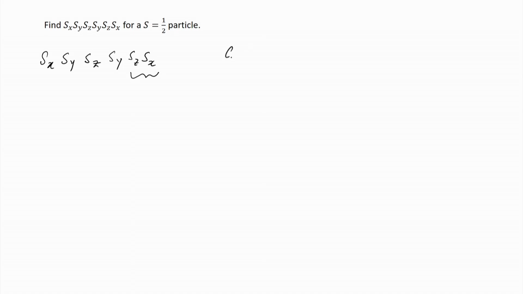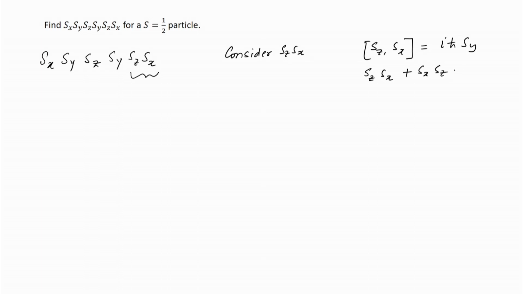Consider Sz, Sx. Now, remember there are two relations. The commutation relation for Sz, Sx is nothing but i h cross Sy, and the anti-commutation is 0, which means Sz, Sx plus Sx, Sz is equal to 0.